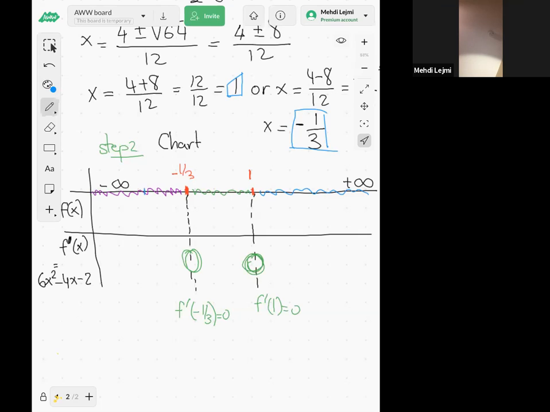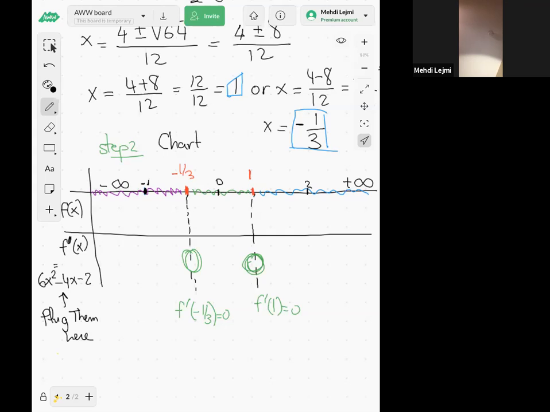From the first interval, let's say negative 1, between negative infinity and negative 1/3. Between negative 1/3 and 1, I'm going to pick 0. And between 1 and positive infinity, I'm going to pick 2, right? And then I'm going to plug those numbers into f prime of x.